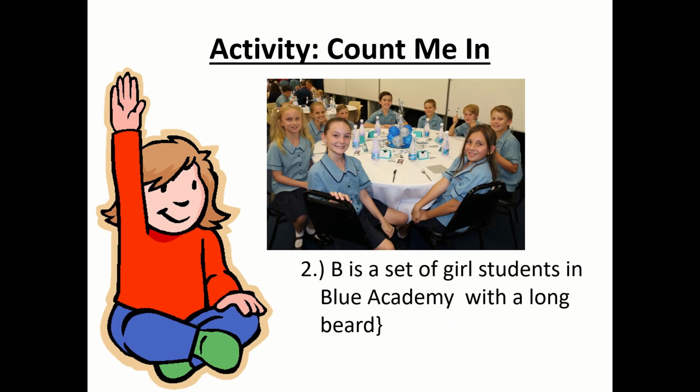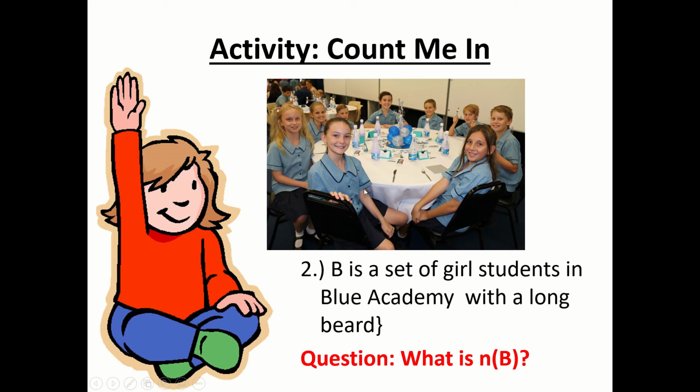How about if we will consider another set? B is now a set of girl students in Blue Academy with a long beard. Looking at our students here in the picture, we can say that the cardinality of B, or the number of elements in set B, is 0, because you don't usually see a girl with a long beard.